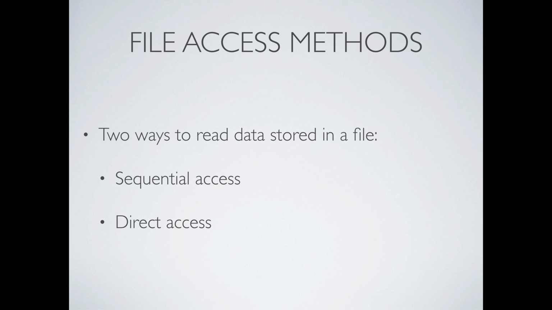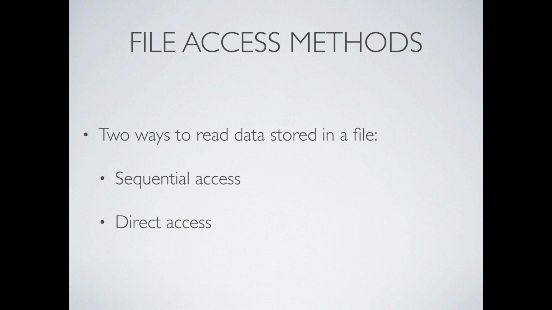There's sequential access and there's direct access. We will be focusing on files which use sequential access. But again, same sort of idea as the last couple of slides we talked about, it's still good to know the two different ways you can access data.